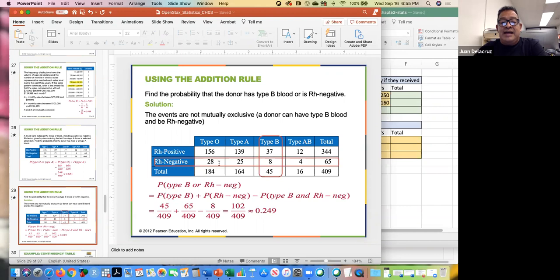Then the Rh negative is going to be 65 over the sample size, minus the fact that this is in the middle of our diagram. So we have 8 people who are type B and they are Rh negative. After solving this, we have that our probability of having a person with type B blood or Rh negative is going to be equal to almost 25%.